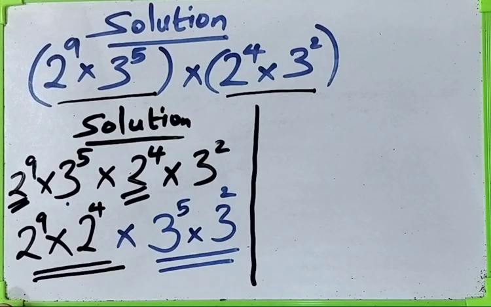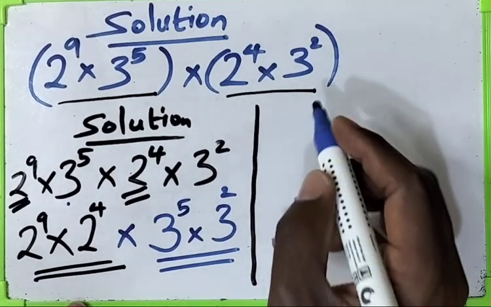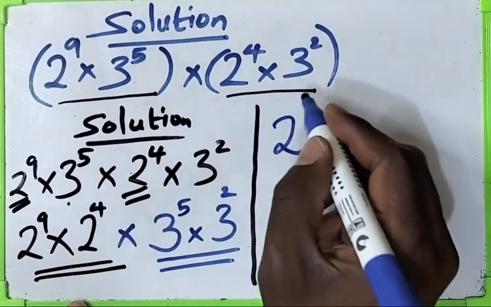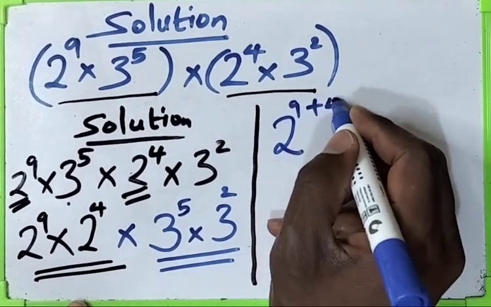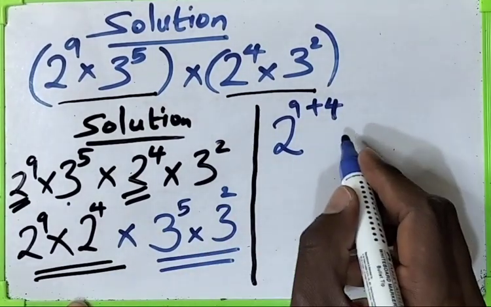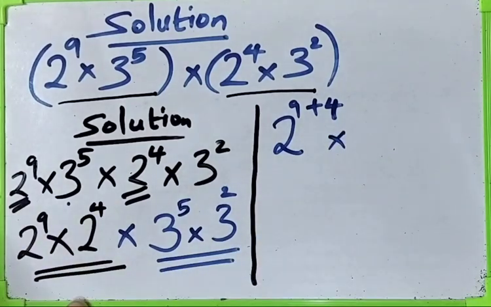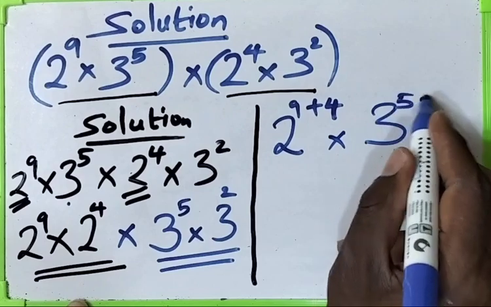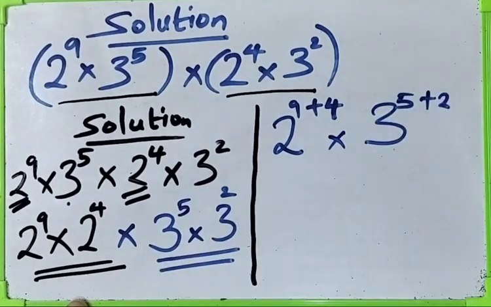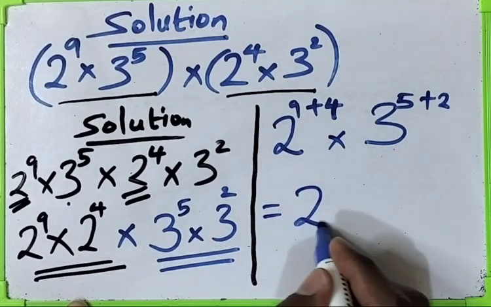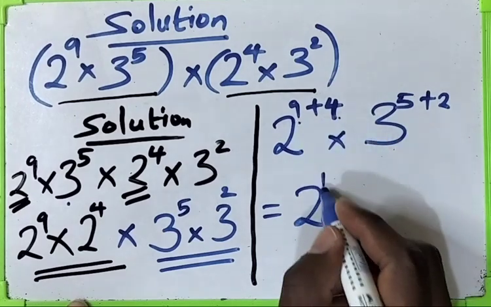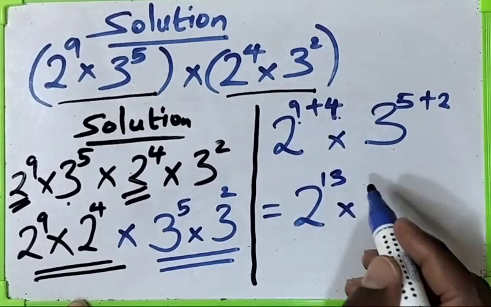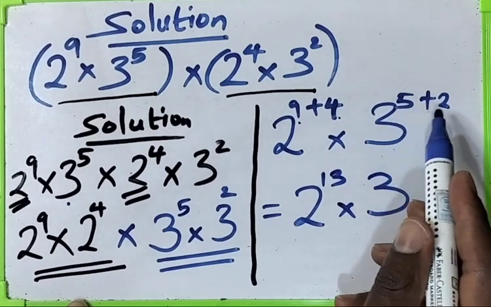So for the base 2, we shall have 2 to the power 9 plus 4. Then what about for the base 3? We shall have 3 to the power 5 plus 2. In this case, we shall have 2 power 9 plus 4 is 13, times 3 power 5 plus 2 is 7.